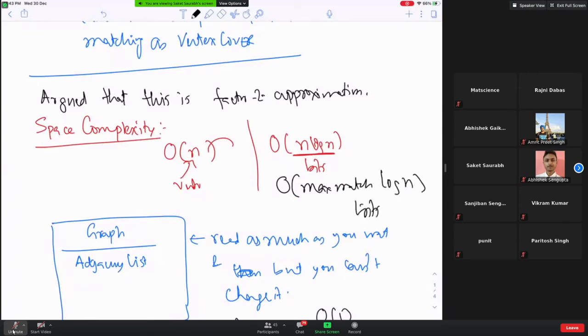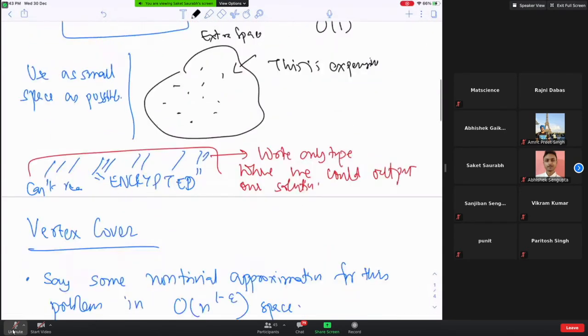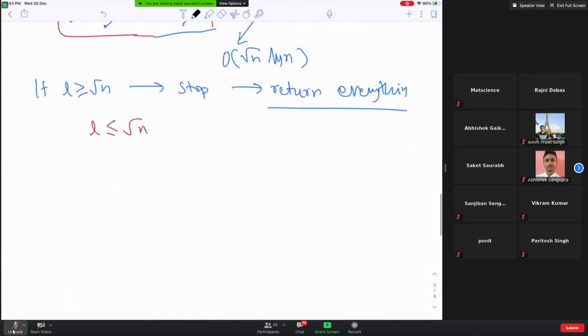So if the maximal matching size was 10, 20, 30, then it is just order log n bits. Do you get my point? So if L is less than root n, that implies the size of the maximal matching is at most root n.